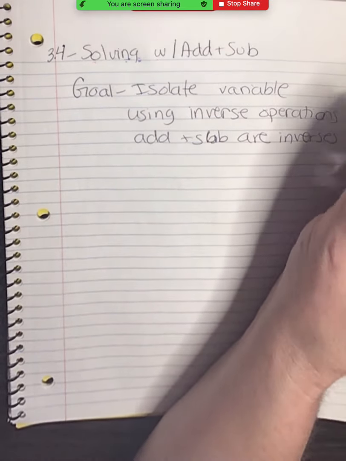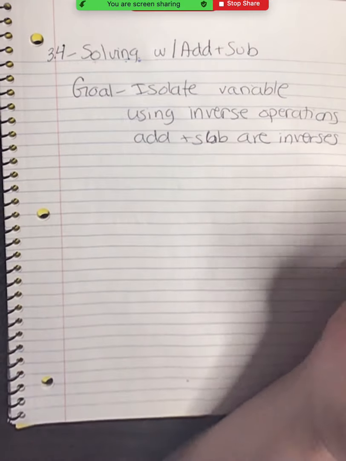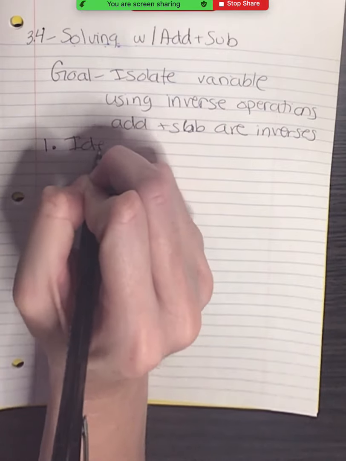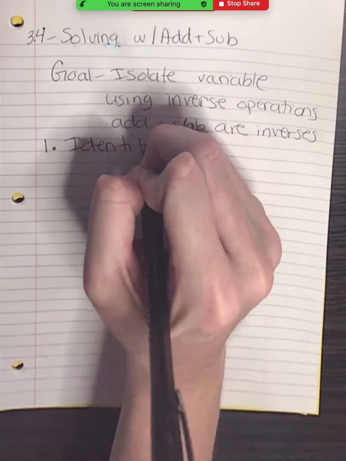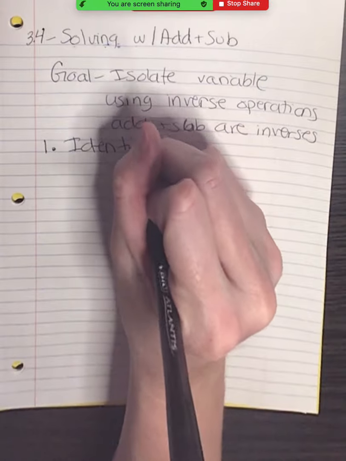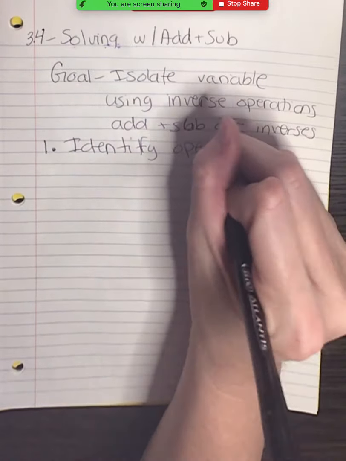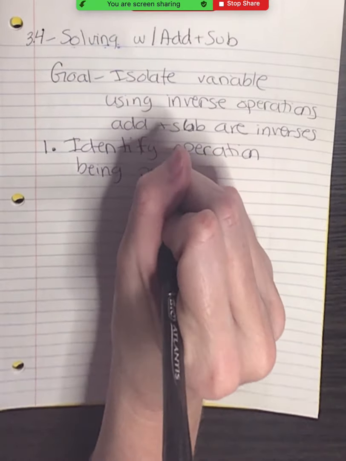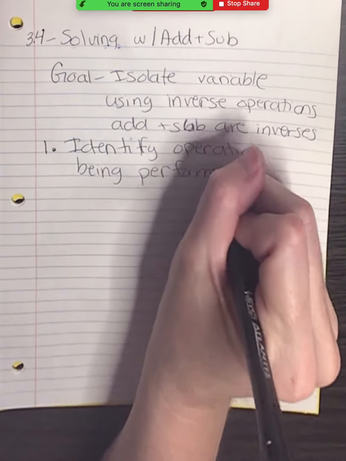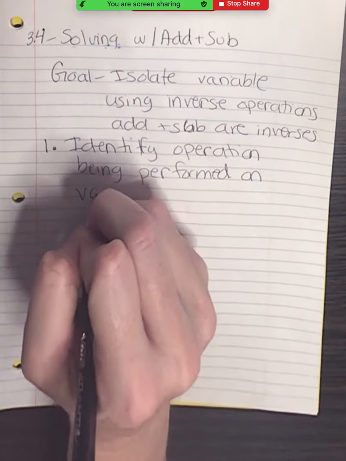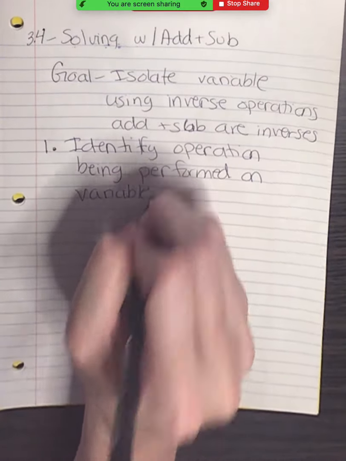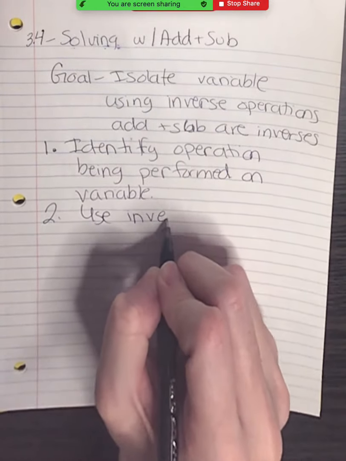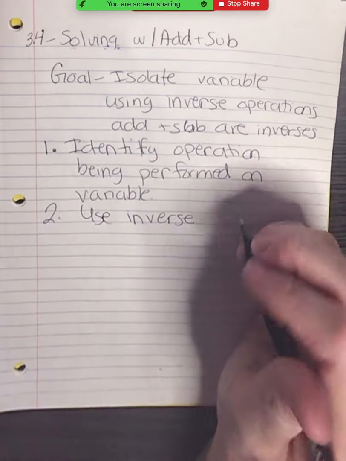Okay? So, same steps. To solve, you need to identify the operation that is being performed on your variable. Okay, then you use the inverse on both sides.